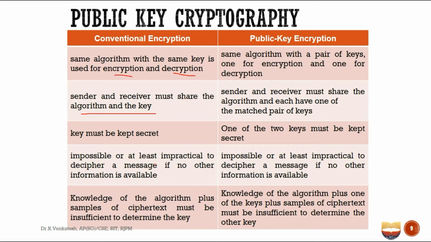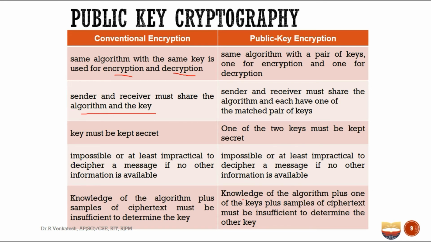The next point is that it is impossible, or at least impractical, to decipher a message if no other information is available. The same thing is reflected here. The last point is that knowledge of the algorithm plus samples of ciphertext must be insufficient to determine the key.